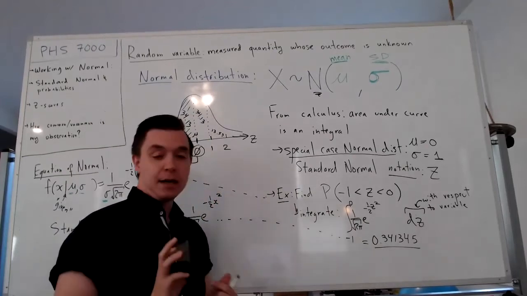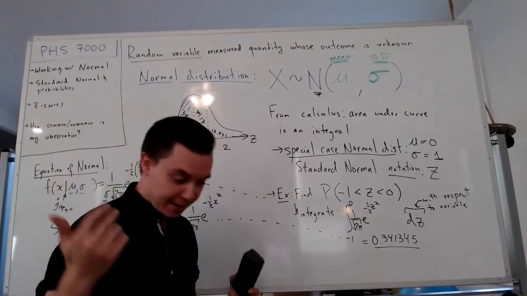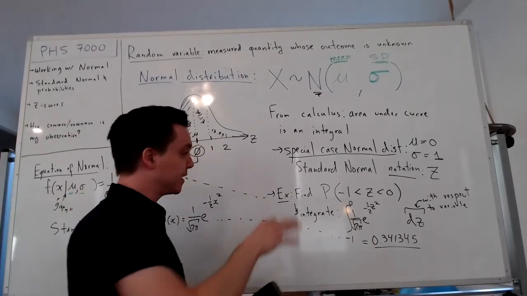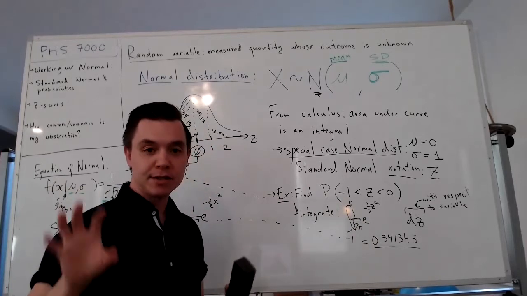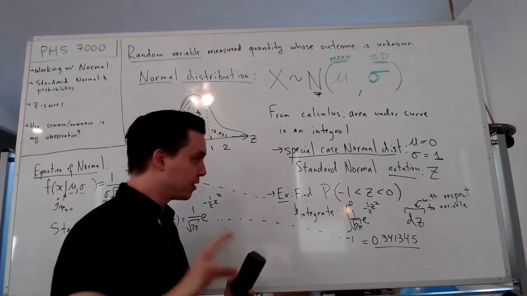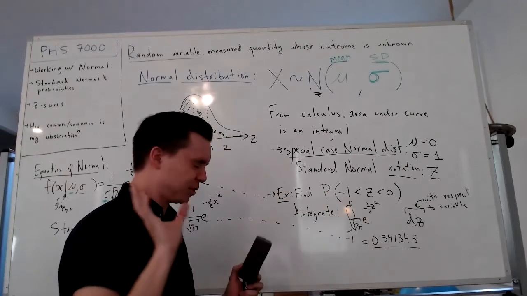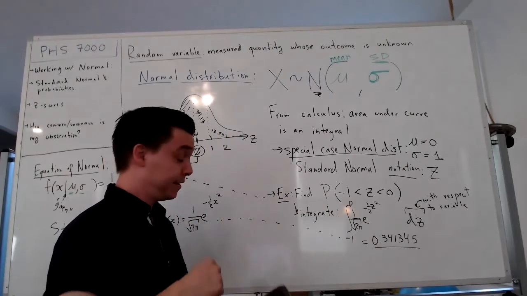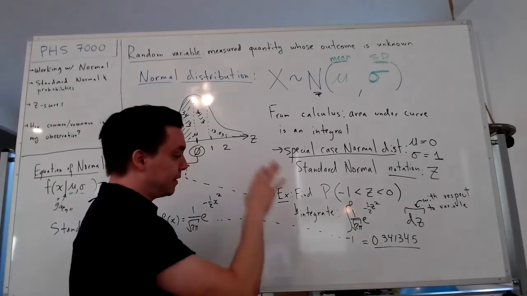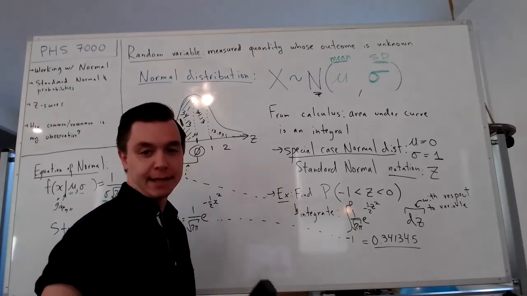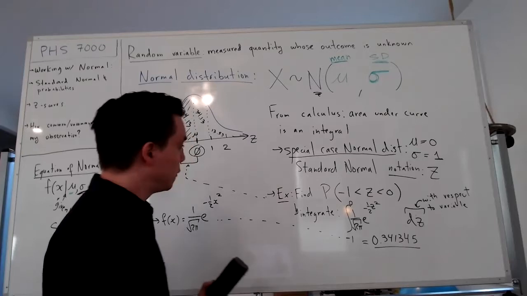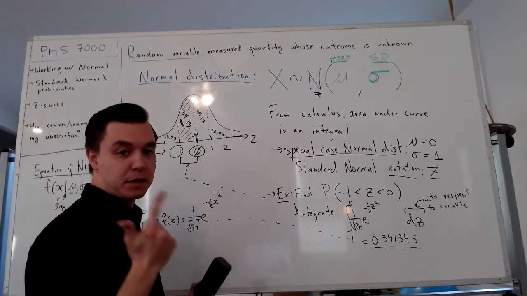There is also, in the document I posted, I do this using integration, and I also use a handy dandy online normal distribution calculator that allows you to perform this with point and click. You will fill out the mean and the standard deviation of your distribution.